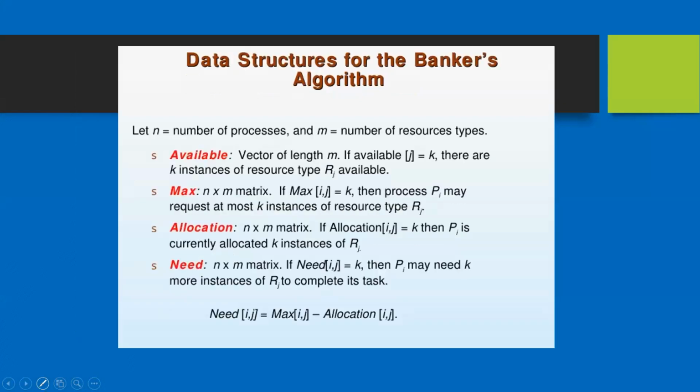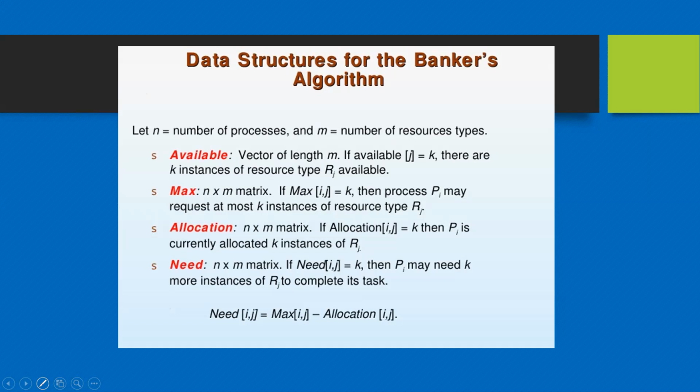Now, this is more about the implementation part of banker's algorithm. Let n be the number of processes and m the number of resource types. Available is a vector of length m; if available[j] is equal to k, these are general syntax.